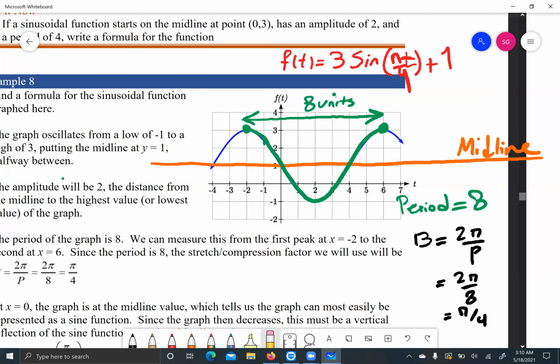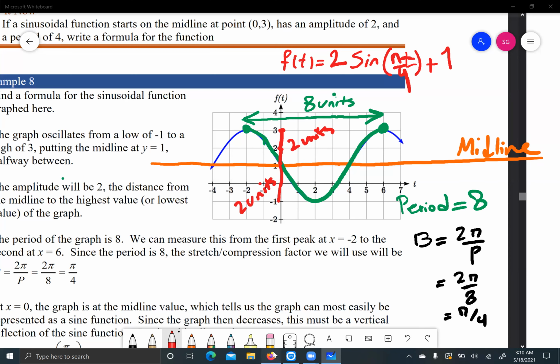I explained that, but I wrote 3. The amplitude is 2 because look, how many units? 1, 2 units above the x-axis, and then 1, 2 units below. So the graph oscillates between 2 units above and below the x-axis. So the stretch is 2. So 2 sine of pi over 4 t plus 1.